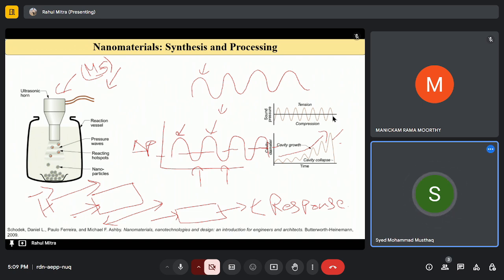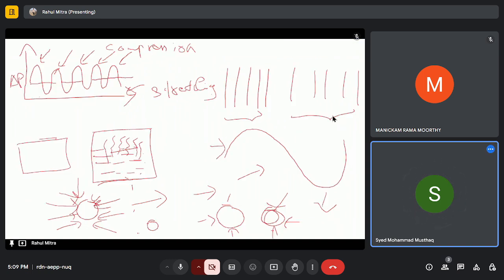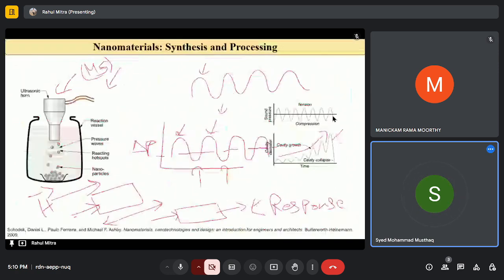Once they reach a critical size, they will burst and create enough amount of energy to coalesce the material and to form a nanoparticle. And that is how the sonochemical process is used to create nanoparticles.